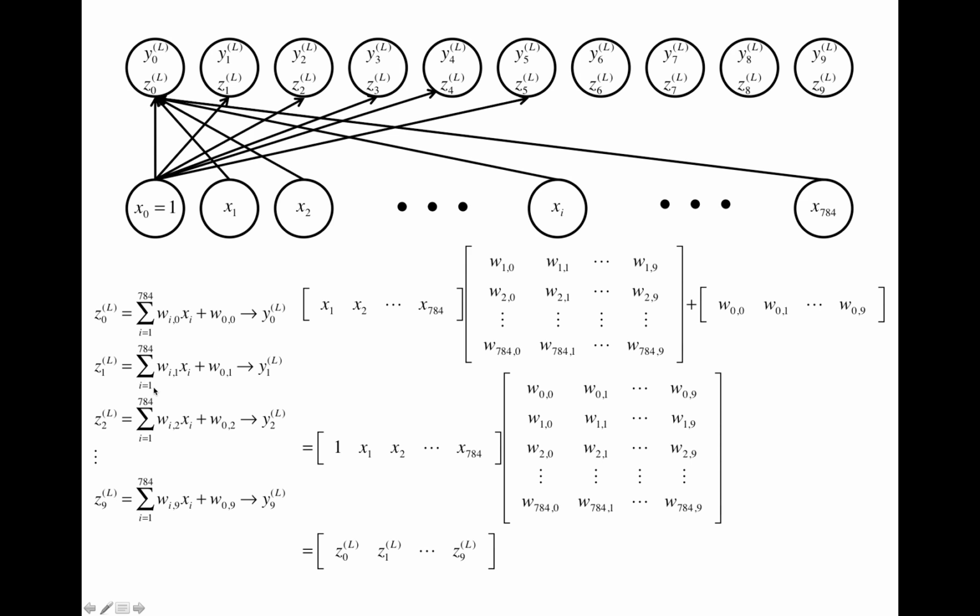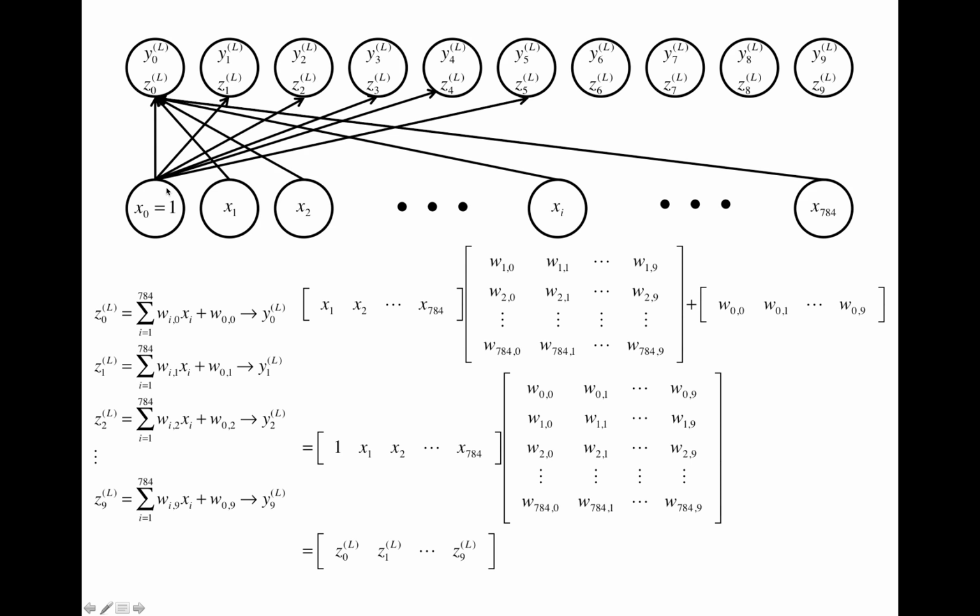For logit z1, we can denote the weights associated with all the connections coming into this neuron. I didn't actually draw all the arrows because there are just too many arrows to draw, so I was being lazy. For the logit z1, we denote the weights associated with all the connections coming into this particular neuron as wi1, and i goes from 1 to 784.